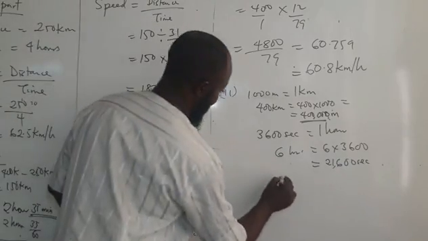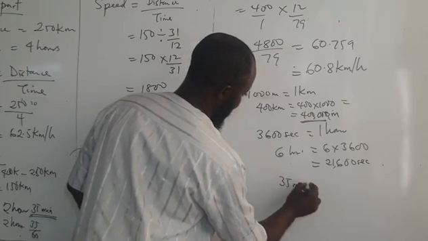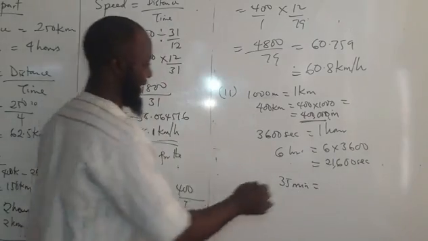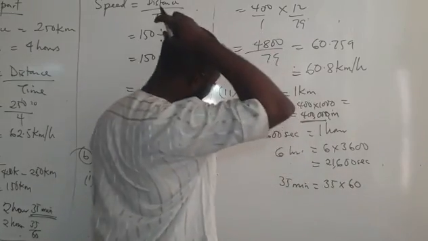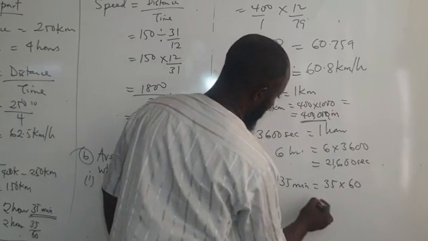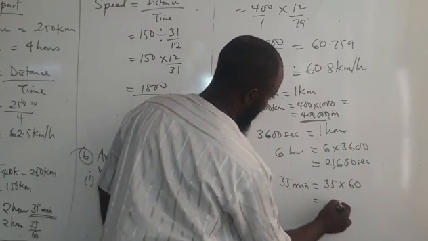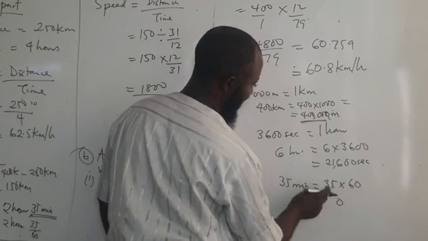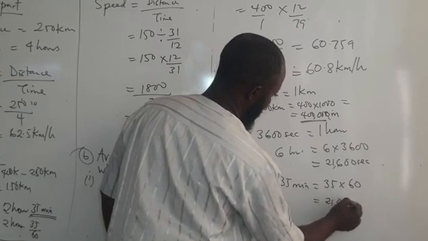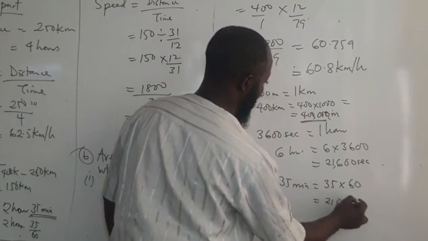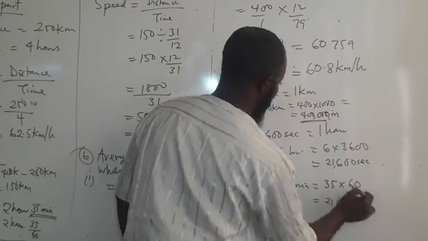Then the remaining part, which is 35 minutes. 35 minutes in seconds. 60 seconds, that will be 35 times 60. Am I making sense? So this will give us 6 times 5, 30. 6 times 3, 18. 18 plus 3, that's 21. So put the 0. That's 2,100 seconds.